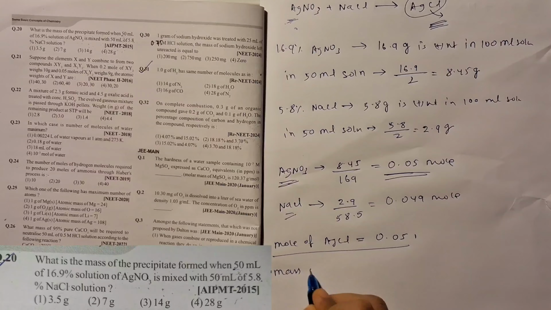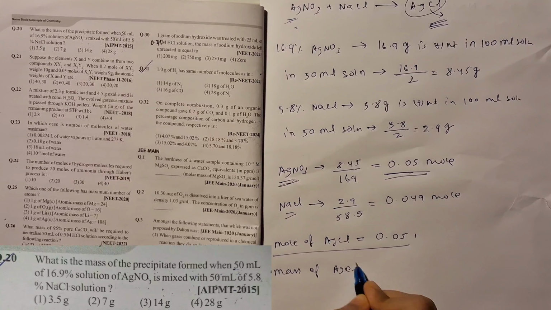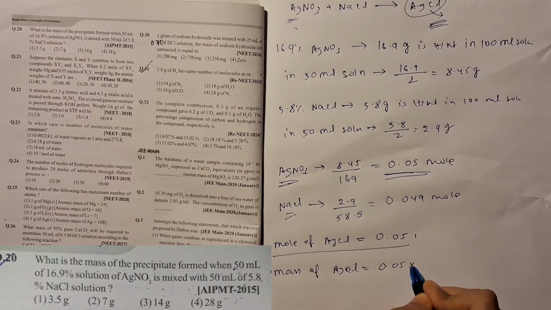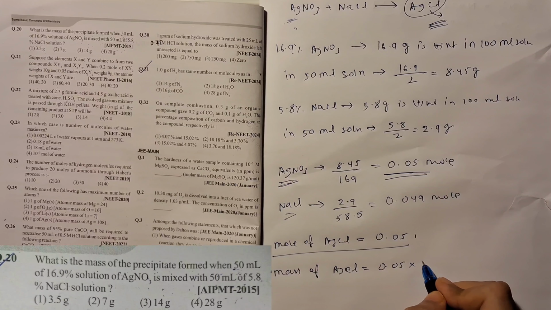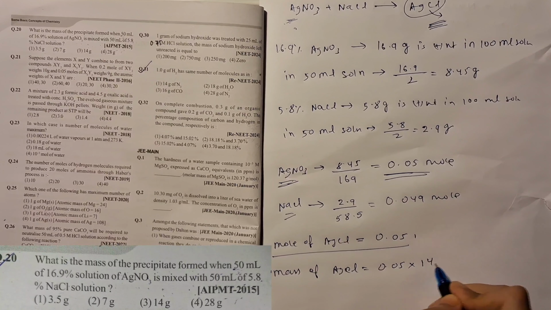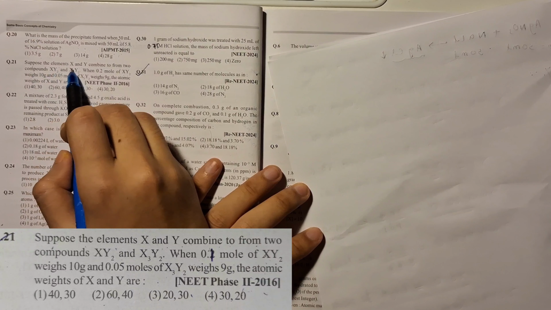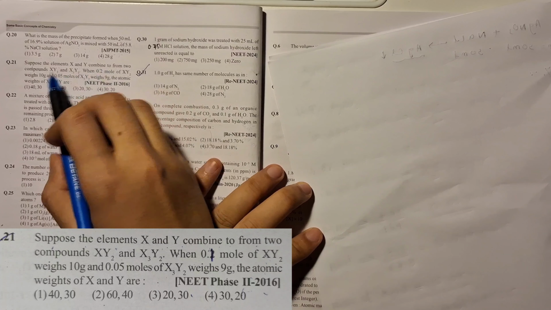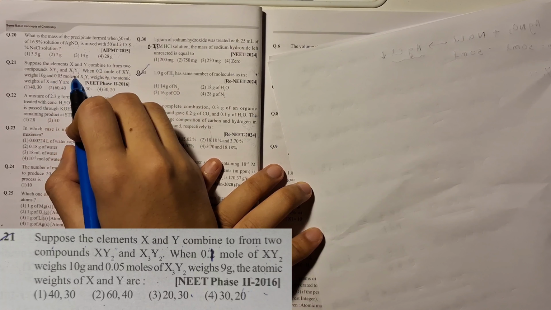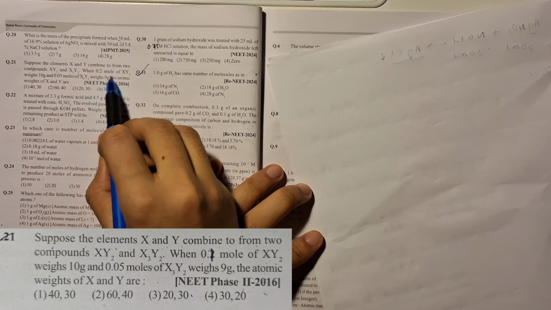So the mass of AgCl will be 0.05 into the molar mass of AgCl, which is 143.5, so 7.17 gram.